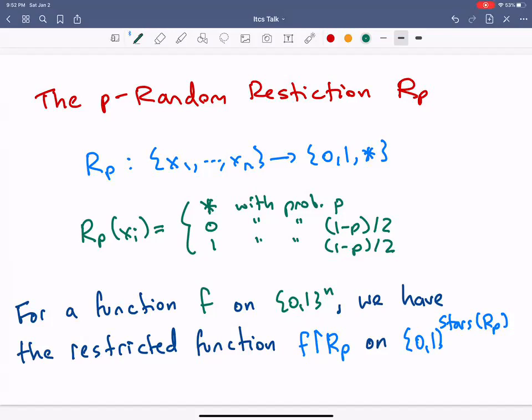For a parameter p in [0,1], we denote by R_p the p-random restriction, which fixes each variable to 0 or 1 with equal probability, so probability (1-p)/2 each, and leaves the variable unrestricted with probability p, independently. For any function f, we denote by f restricted to R_p the restricted Boolean function on the subcube associated with the restriction.